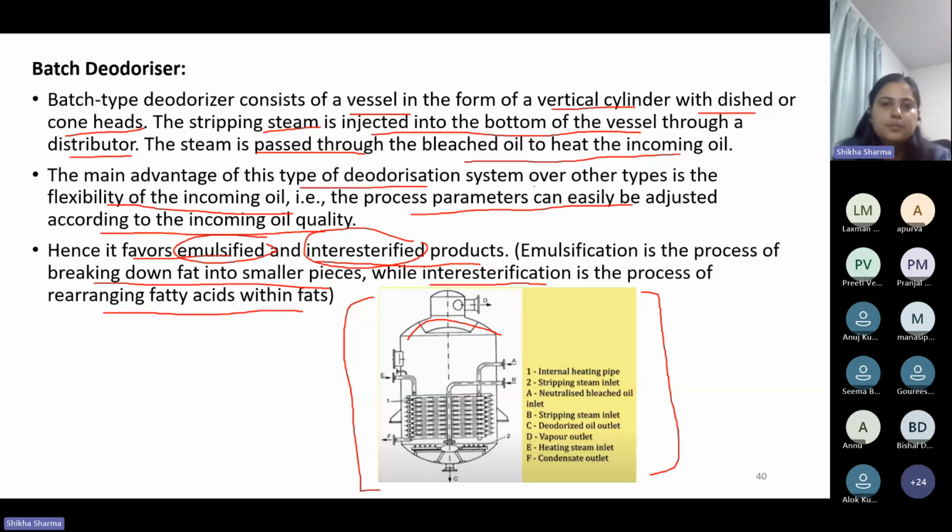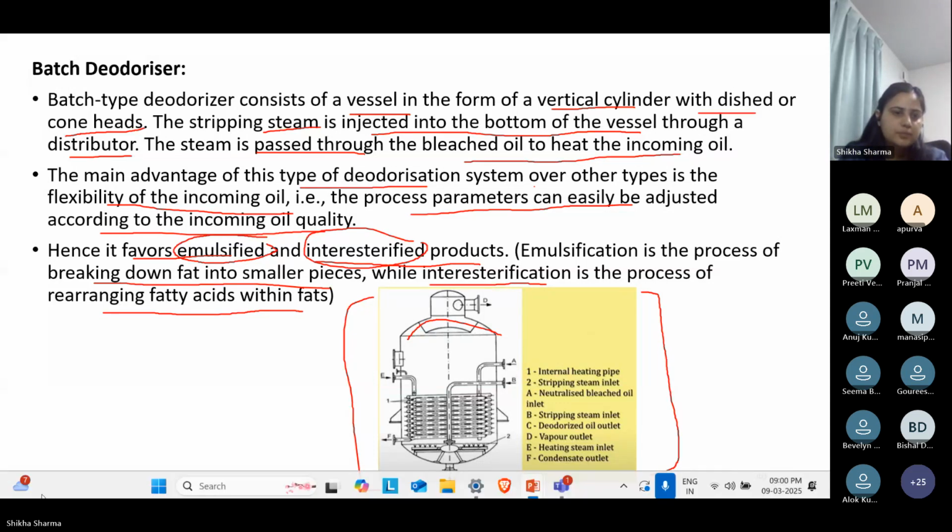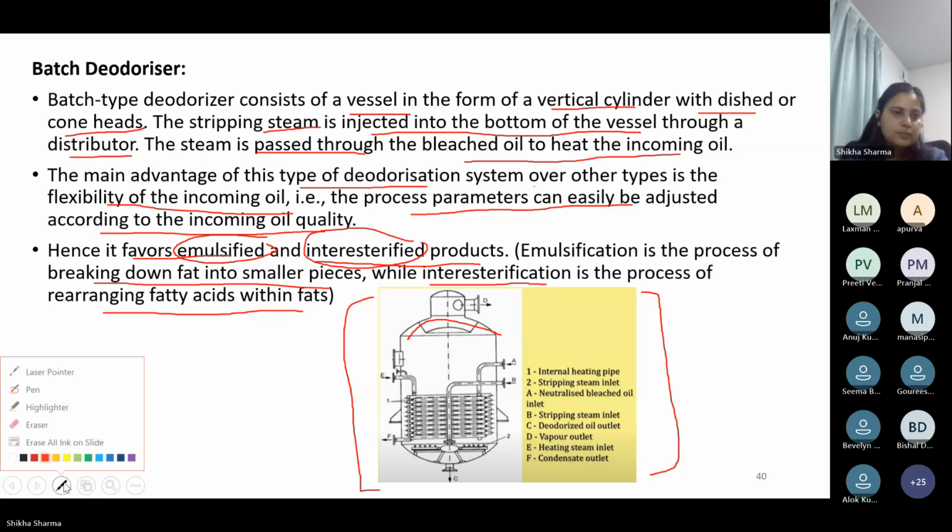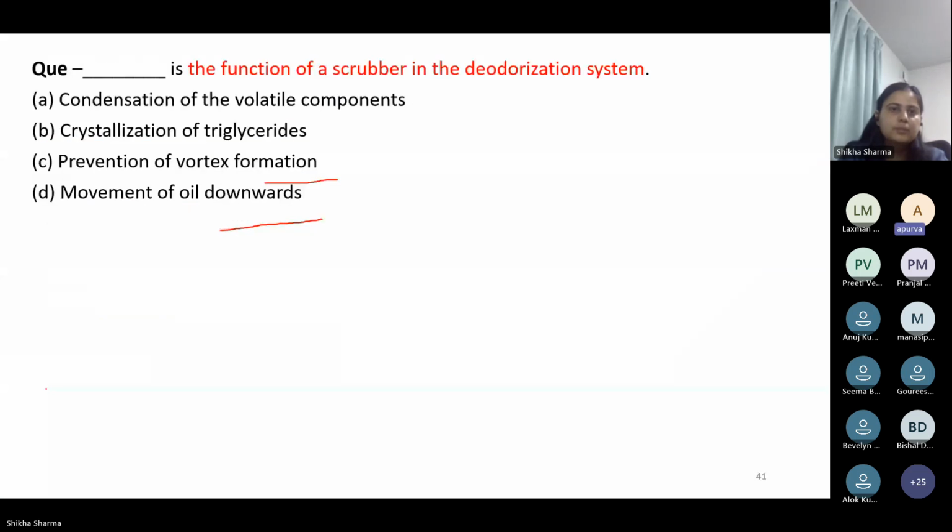Anyone, please? Options, ma'am. C. Prevention of vortex formation. Ma'am, D. The movement of oil downwards.